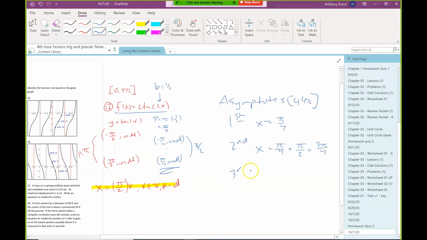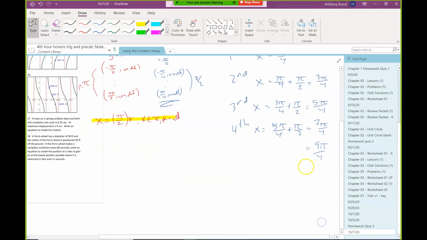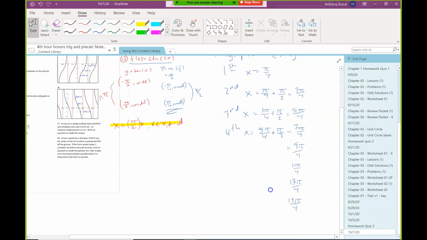And the third one is going to be 5 pi over 4. The fourth one would happen pi over 2 after that, 7 pi over 4. And then we'd have another one at 9 pi over 4 and 15 pi over 4. But that's where it ends, because after that you'd get to 17 pi over 4, and that's bigger than 4 pi. So that's our list there.